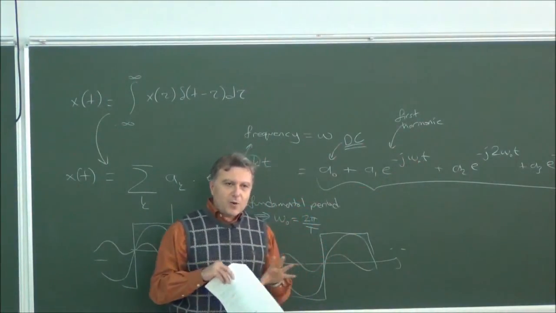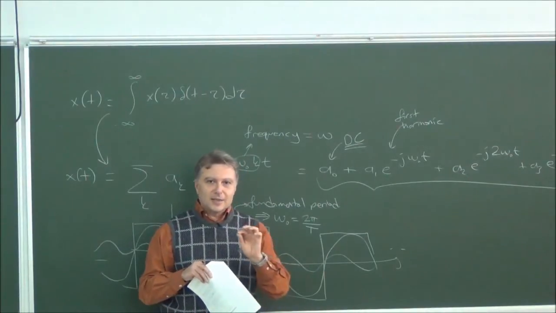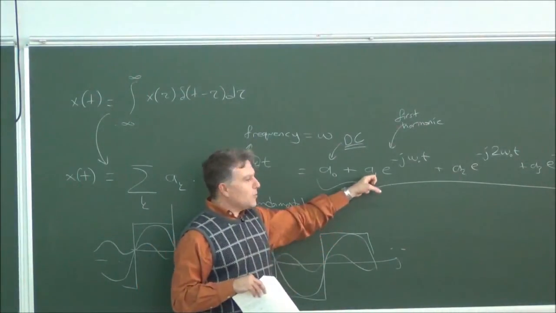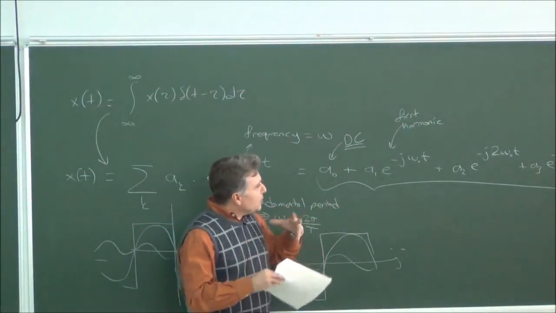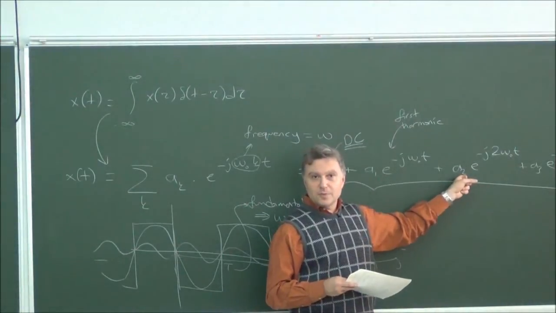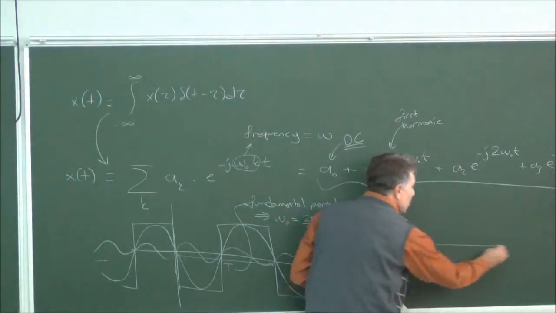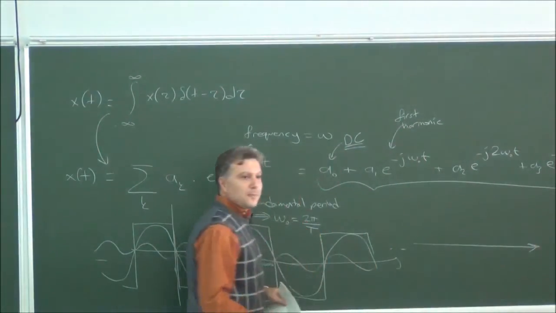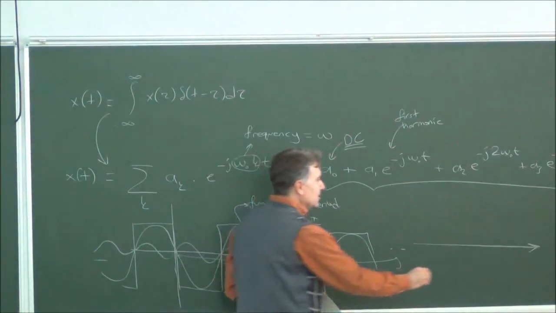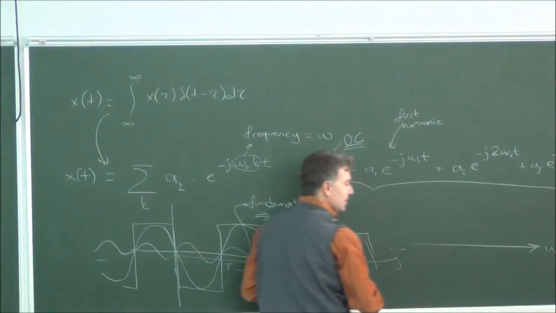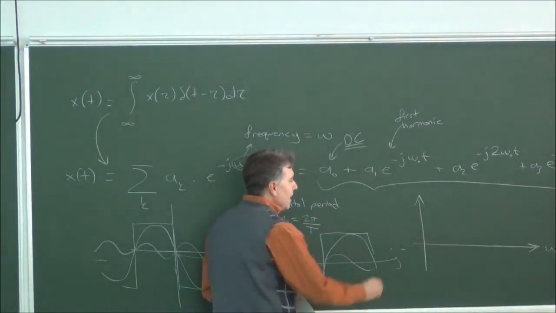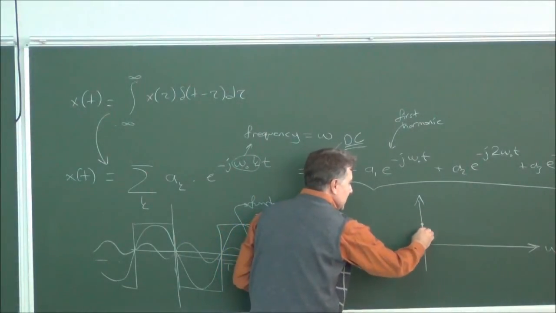So how much power does this signal have at omega 0, for example? That power is related with A1. How much power does it have at 2 omega 0? That is A2. So we are now drawing our signal not on the time axis, but on the so-called frequency axis, like this. This is A0.